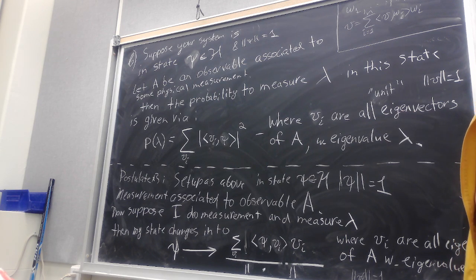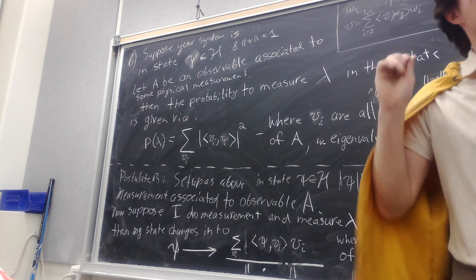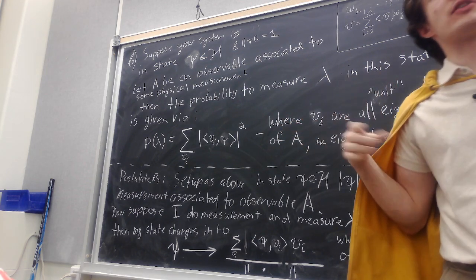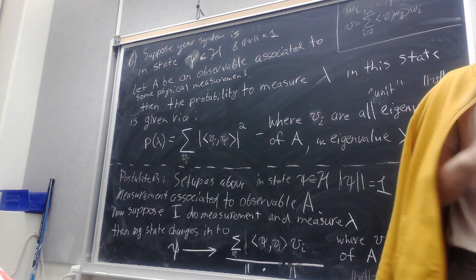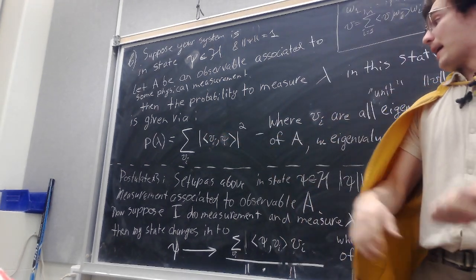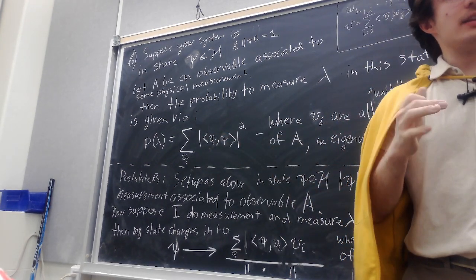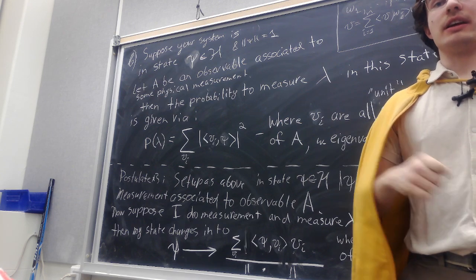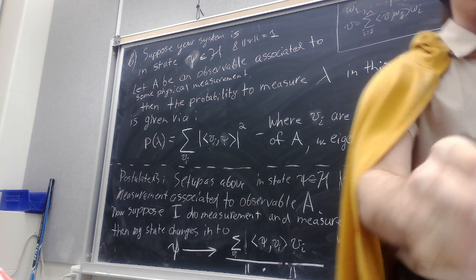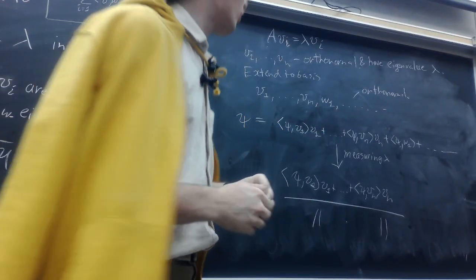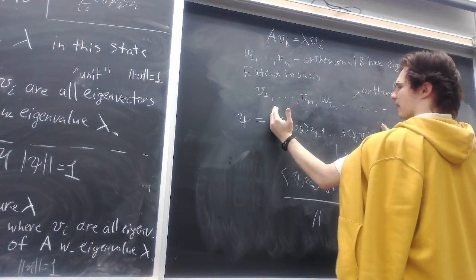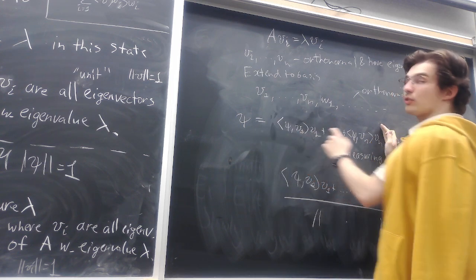Okay? And then I said, okay, now suppose I actually do them. So this is just telling me the probability if I did this measurement. If I was to do the measurement, what's the probability that I actually measure this eigenvalue lambda? But if I actually did this measurement, what would happen to the state? It turns out that if I actually do the measurement, then the state collapses to only the part of itself that was made up of eigenvectors with eigenvalue lambda.